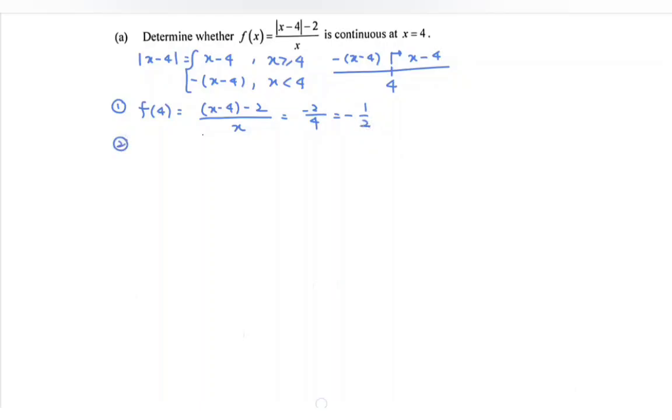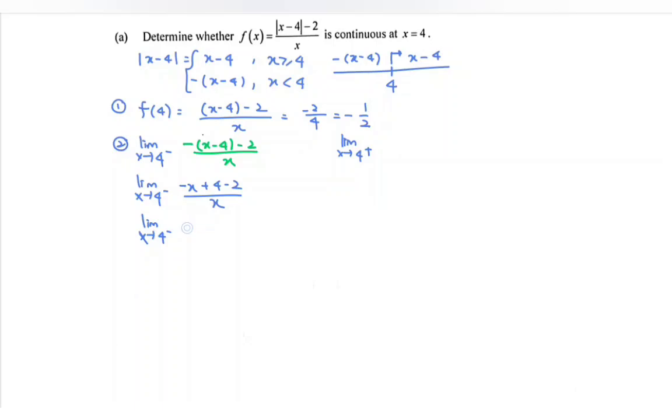The second step is to find the limit as x approaches 4 from the left, and another one, the limit as x approaches 4 from the right. So kindly substitute. From the left, we have negative (x minus 4) minus 2 over x. Rewriting, the limit as x approaches 4 from the left gives negative x plus 4 minus 2 over x.